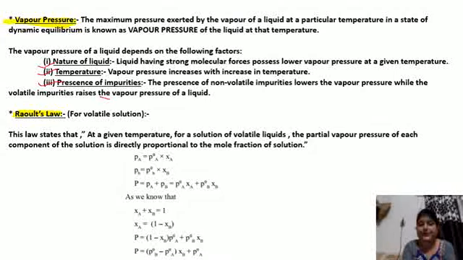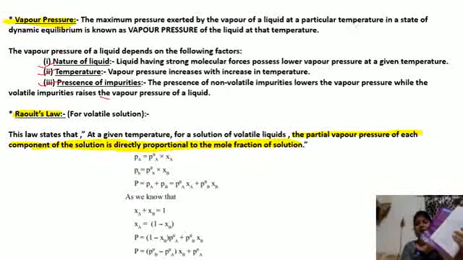According to Raoult's law, for volatile solution, the partial vapor pressure of each component of solution is directly proportional to the mole fraction of that component in the solution.